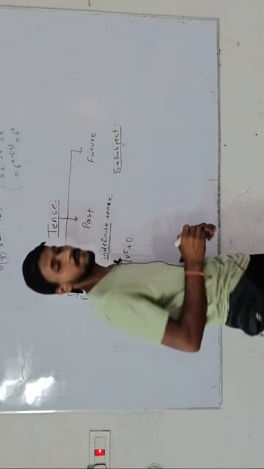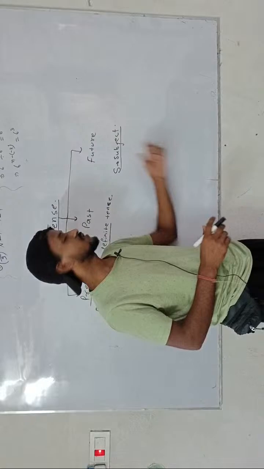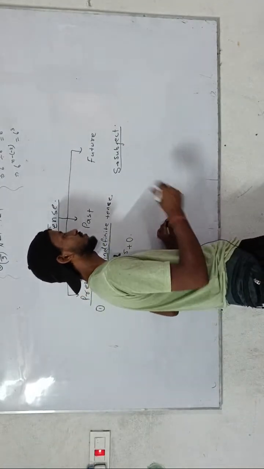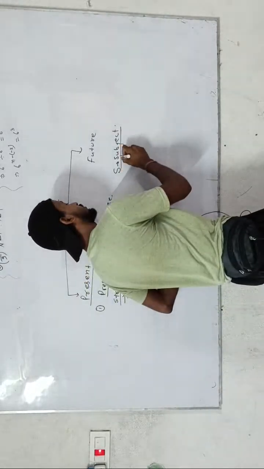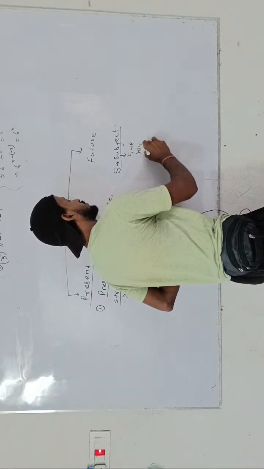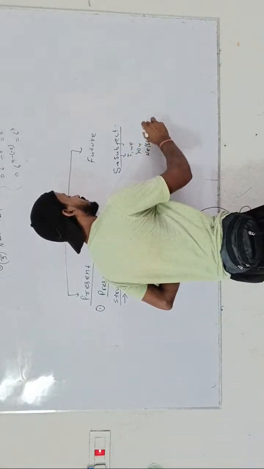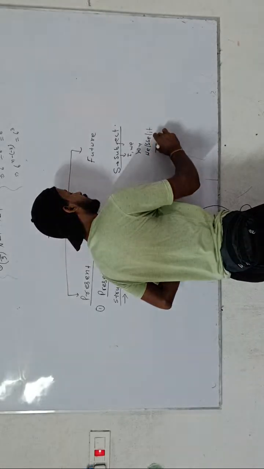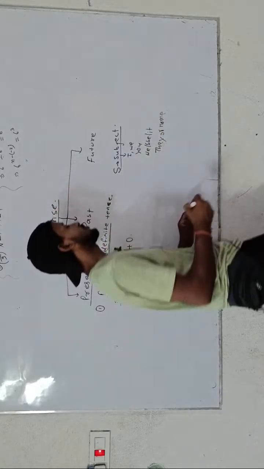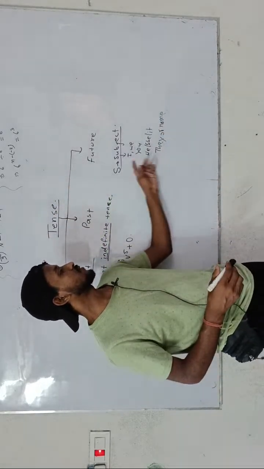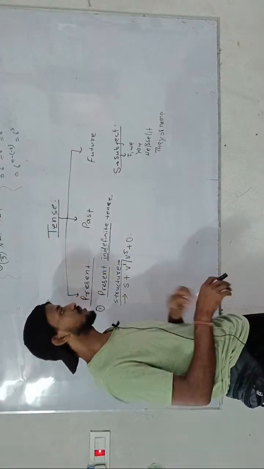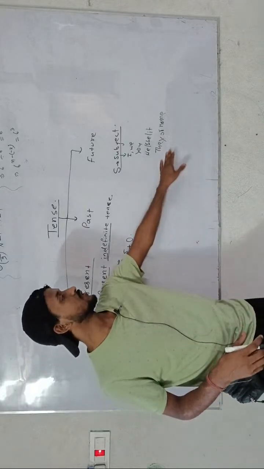So subject means, I'll not give you a lot of details, but just some examples because you should know about this already, like I, we, you, he, she, it, they, or a name. So we will be using these subjects I, we, you, he, she, it, they, or a name. I'm not telling you these are the only subjects.